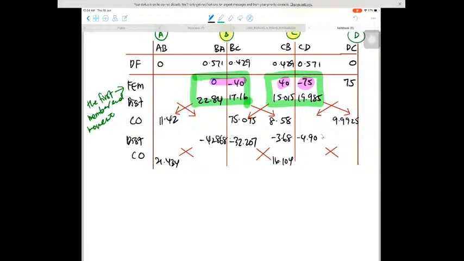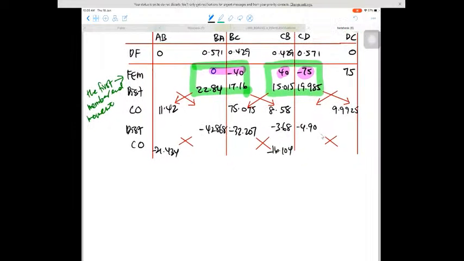Sorry, this time we remain the sign. Distribution we change the sign, but carry over we remain the sign. It means that if 42 is negative, after carry over it remains negative: negative 21.434. Negative 32.207, after we carry over, the value is negative 16.104.